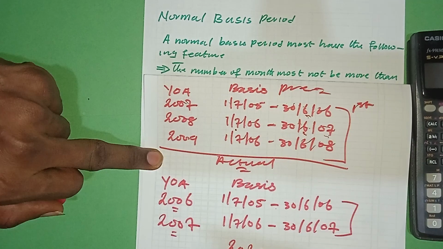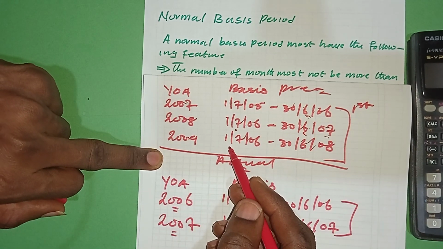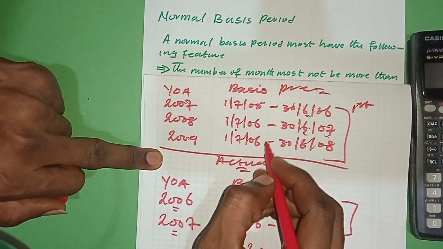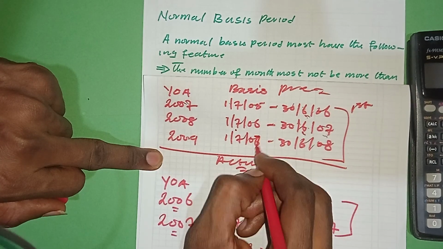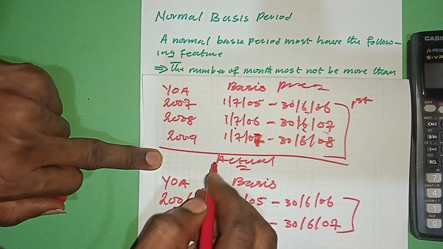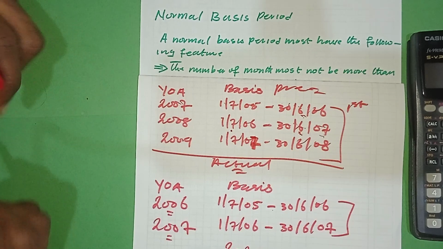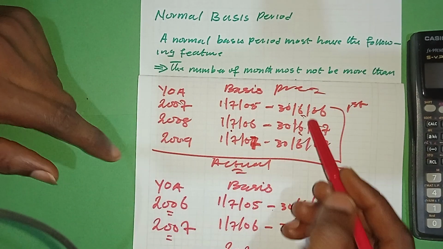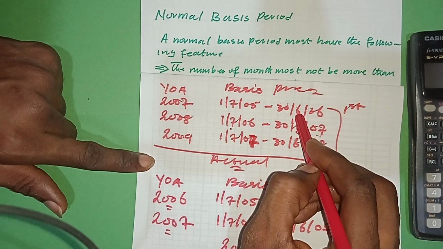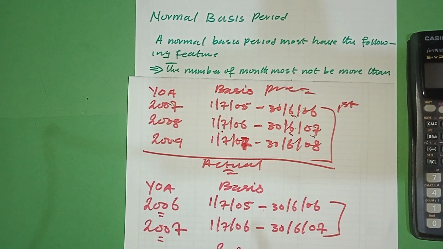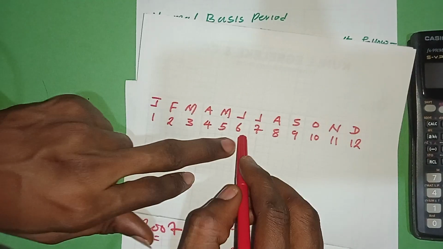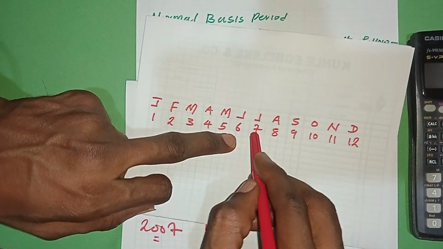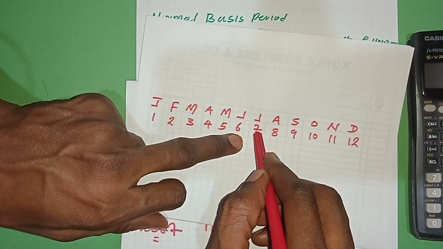It's going to start again July 27 to 28. You understand? Once it ends here, it must start immediately. Once it ends here, the next year starts here. That is what they are saying.